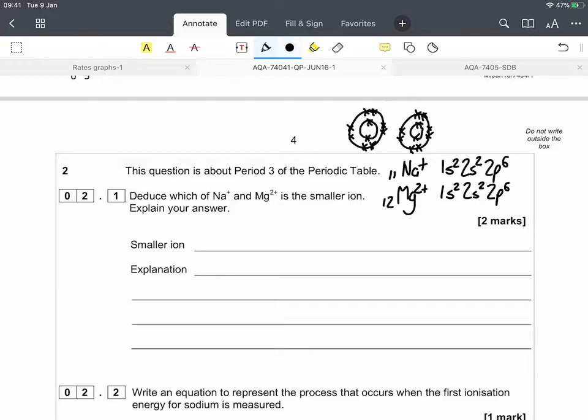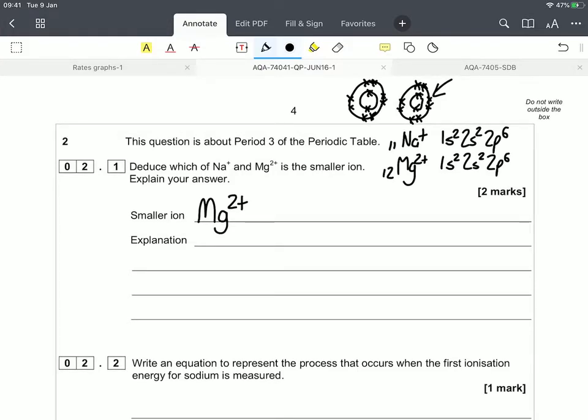Same electron config, but different numbers of protons. If you've got more positive charge in the nucleus, that's going to make one of these ions smaller, and the ion that's going to be smaller is the one that's got more protons, which in this case is magnesium 2+, which means this is the only possible answer for the first part, which is going to be worth a mark. And if you put Na+, you're going to have blown it, right? Your explanation won't be marked.